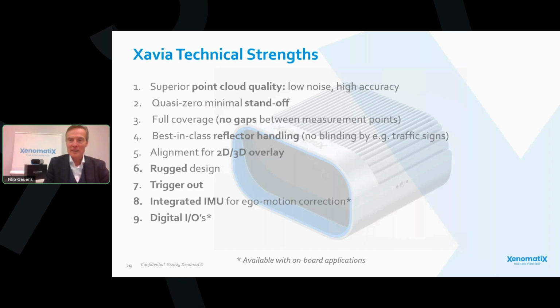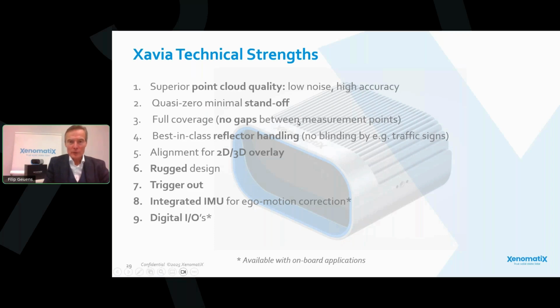Xavia gives you very clean and very accurate data. In the following demonstration, you will also see the high dynamic range of the LiDAR, and high dynamic range means that she's capable of measuring objects close by, but also far away. And close by really means a few centimeters, and it's almost zero standoff.